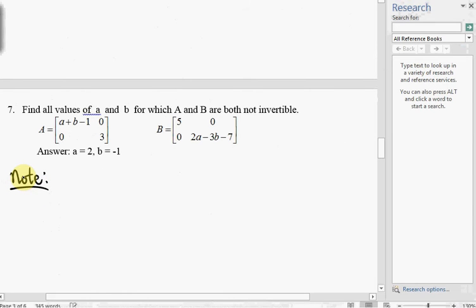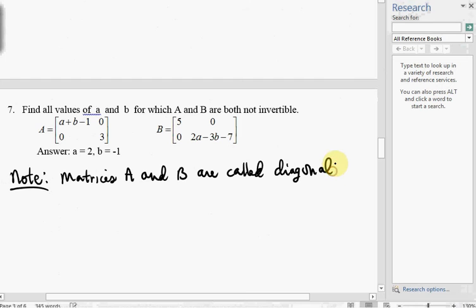Note, matrices A and B are called diagonal matrices.